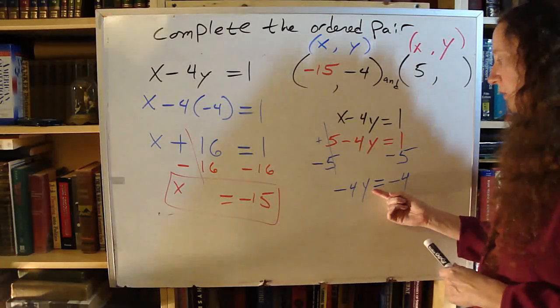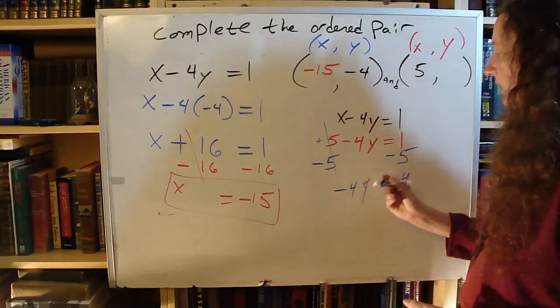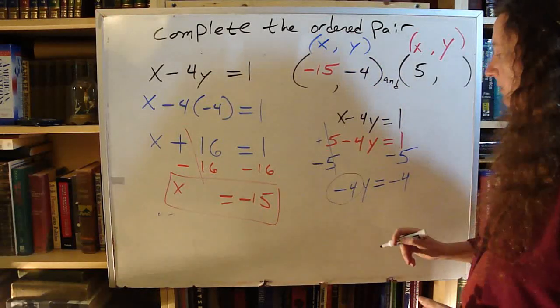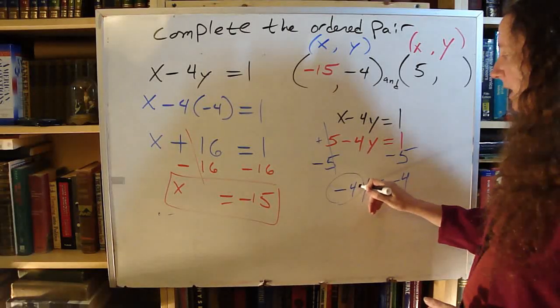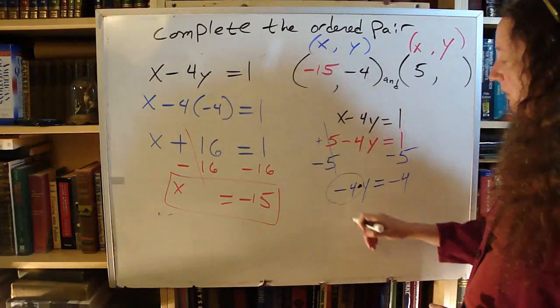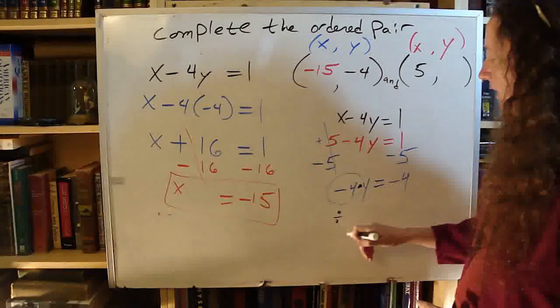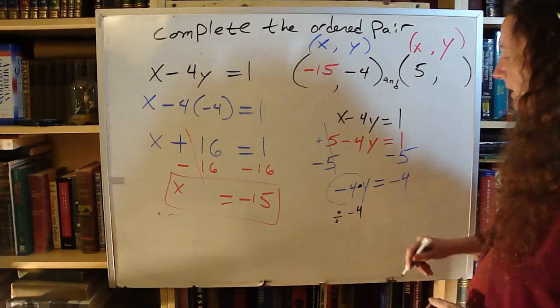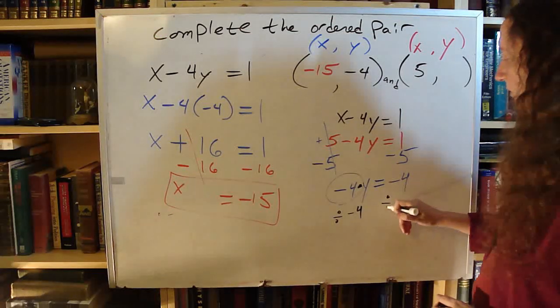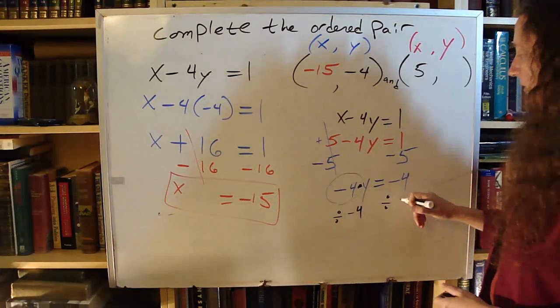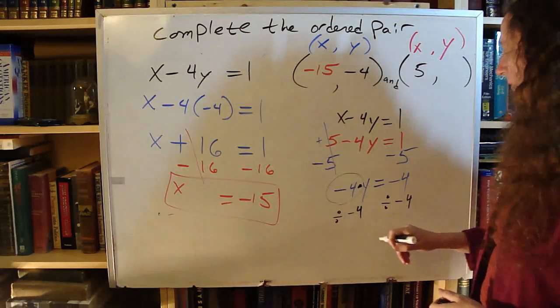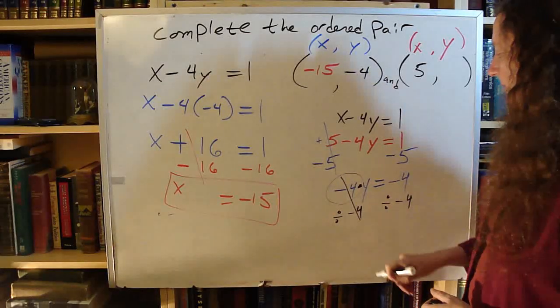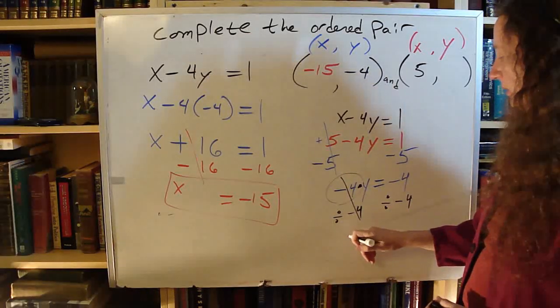Y is not alone yet. I need to get rid of this negative 4 here. It's being multiplied, so I need to divide. Take the negative with the number. What I do on one side, I have to do on the other. Negative 4 divided by negative 4 cancels out.